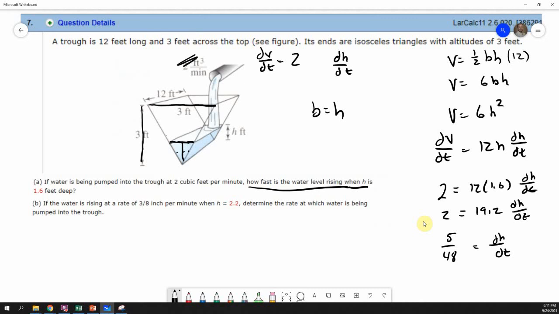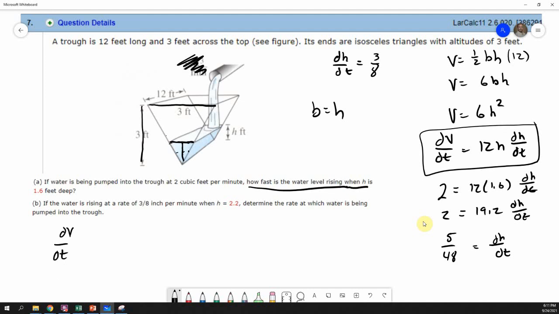So no longer is dV/dt equal to 2. We can erase that part. But I am given that the water is rising at a rate of 3/8 inch per minute, so dh/dt is 3/8. I'm going to come back to my formula, dV/dt, which is now what I'm looking for, equals 12 times h, which is 2.2, times dh/dt, which is 3/8.